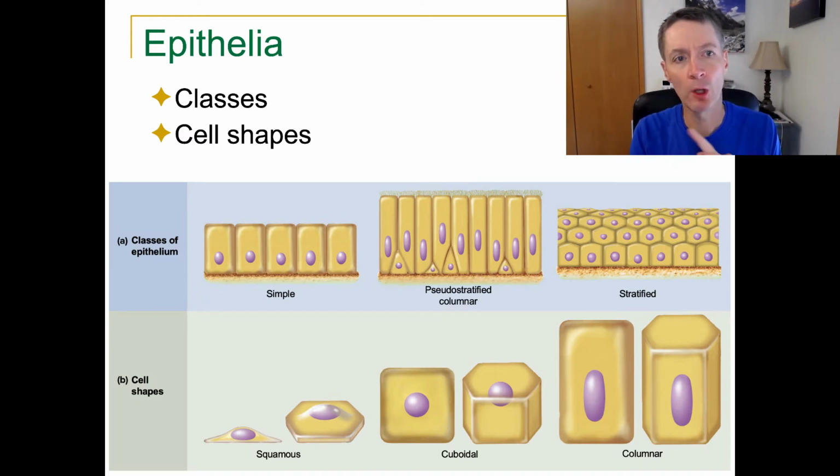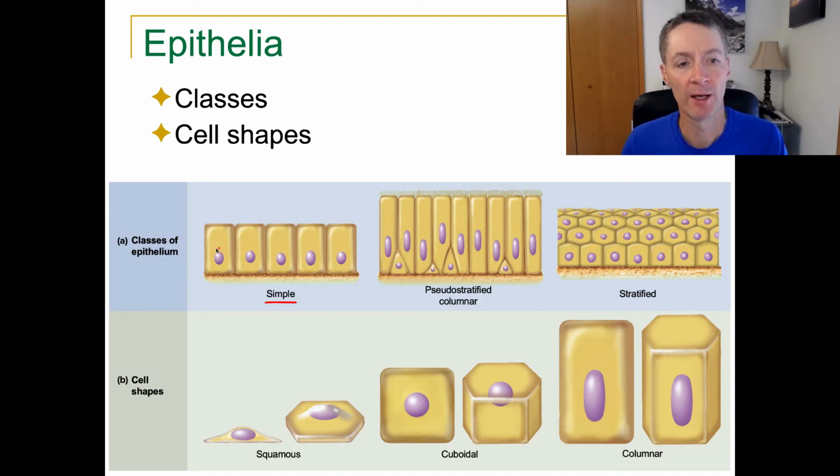So before we launch into those surfaces, we need to consider the fact that there are different classes of epithelium that exist within us. And those classes oftentimes are determined by how thick they are, and how thick they are is dependent on the number of layers that we might see. So here we see a basic definition of simple epithelium would be one row of cells.